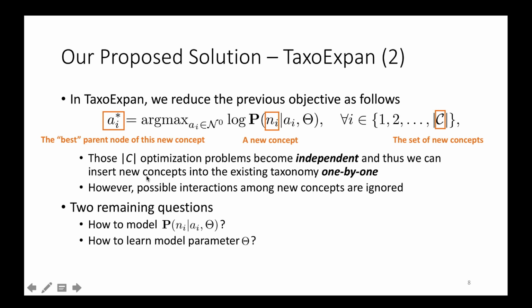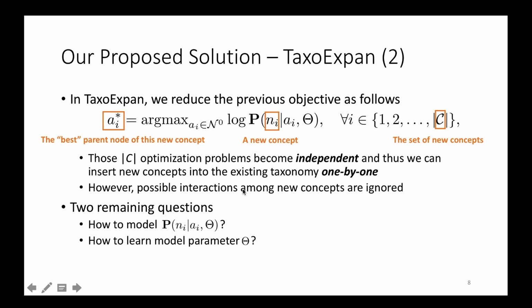So this will give us C independent optimization problems, where each problem focuses on a single new concept. We do recognize that such a problem reduction will let us ignore the possible interactions among new concepts, but we'll leave that to future work that we are currently working on to resolve these limitations.